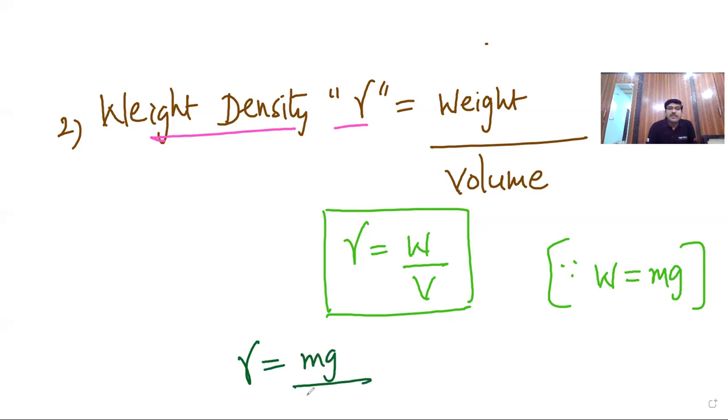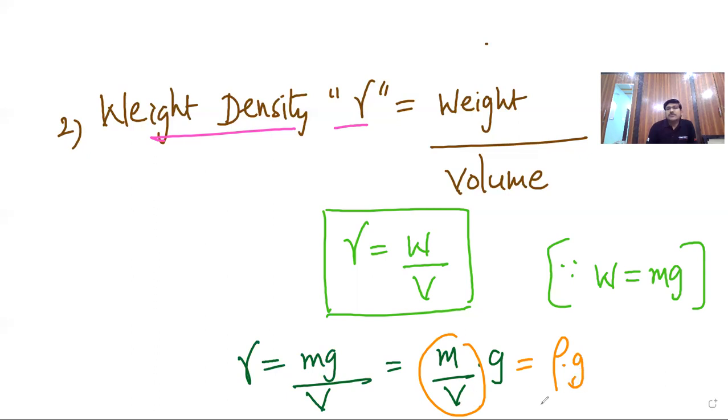So gamma is mg by V. Now I separate these terms: m by V, I write as one term, into g. Clear? Now observe. What is m by V? Mass by volume. Just now we have seen mass density rho, so it is rho g.